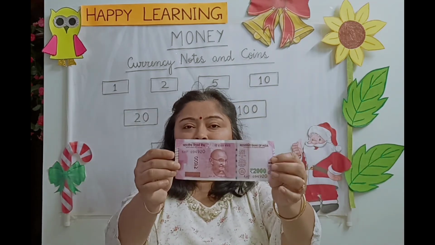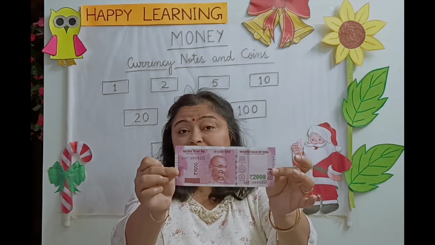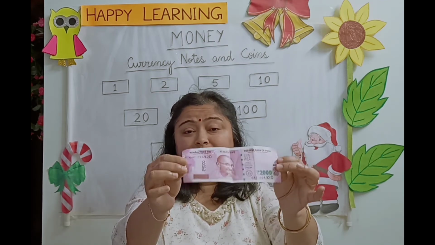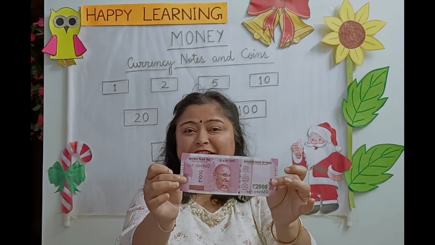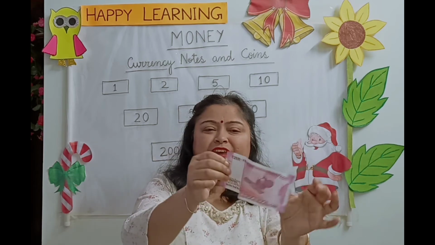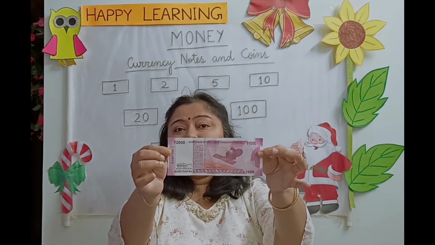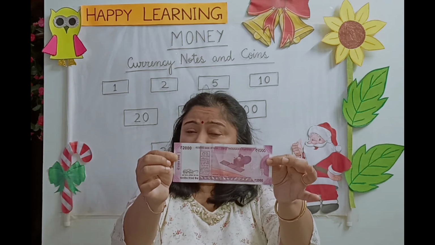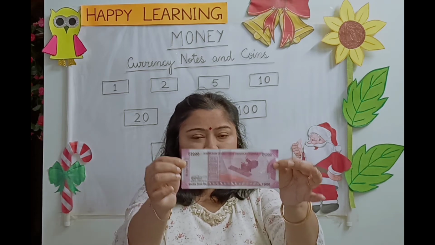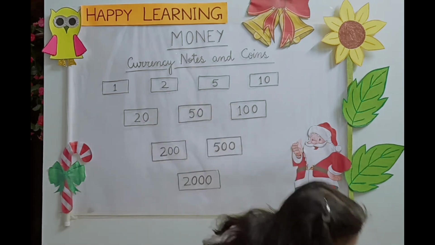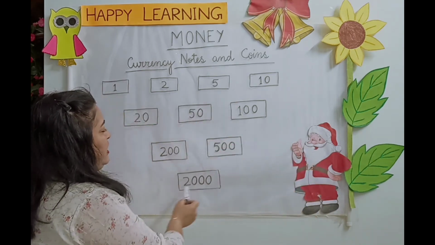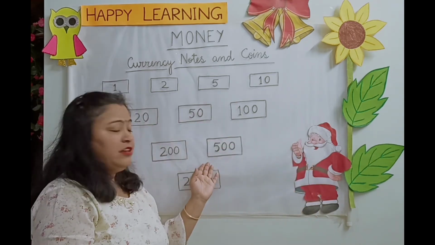And see, this is a 2000 rupees note. It is a very beautiful note. It is in pink color. See, this is the back side of the 2000 rupees note. So, we have all these types of currency notes.